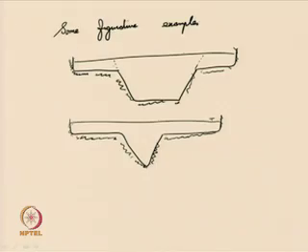If you try to club those several one dimensional models, you may have to take into account how much mass flux as well as momentum flux is getting transferred between the adjacent sections.